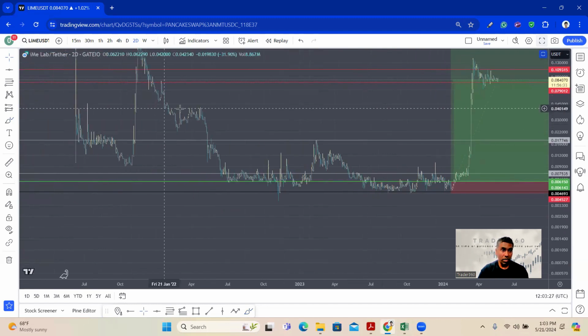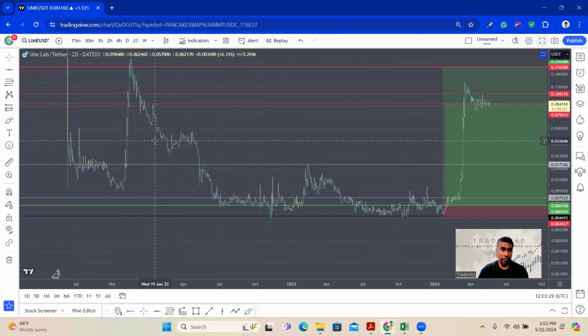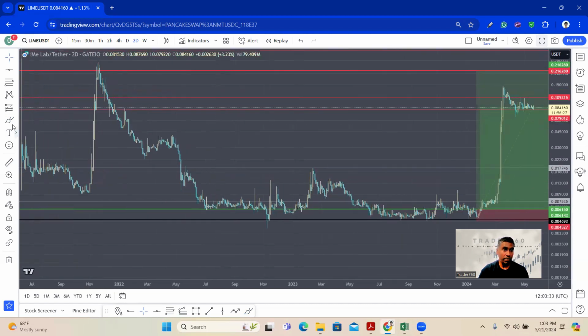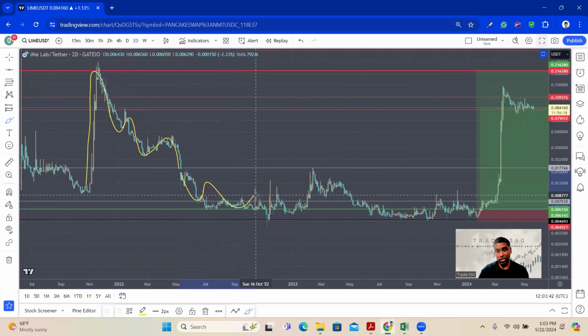Look at this. This was the move down, and because it's a very low market cap coin, the move up was really strong, and then the down move was also strong. But here, what happens? This is all range.